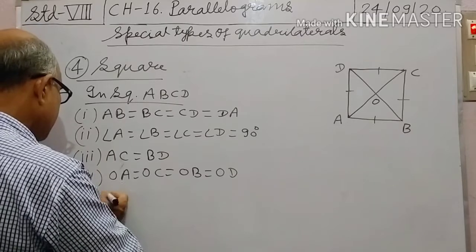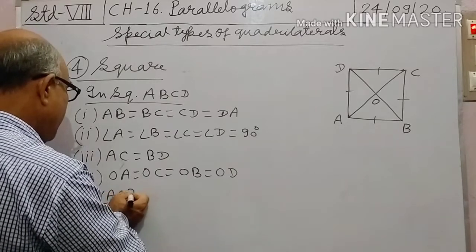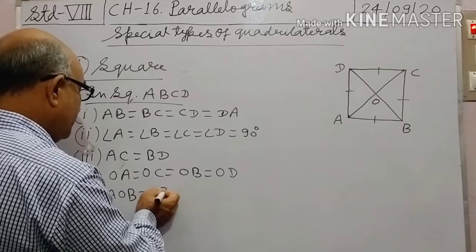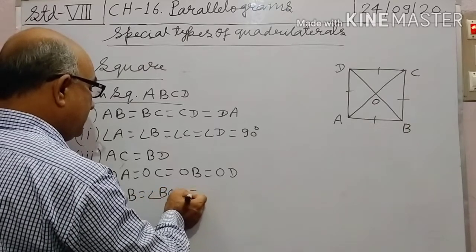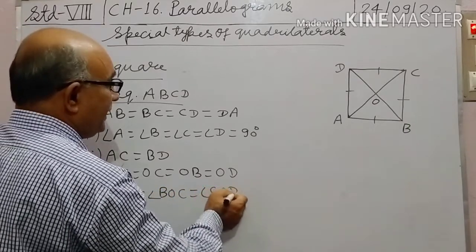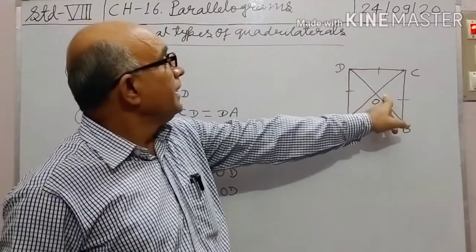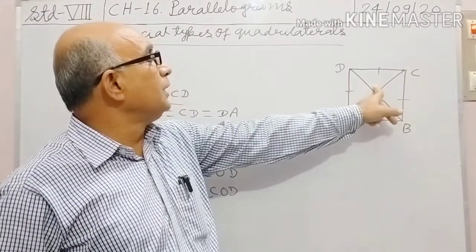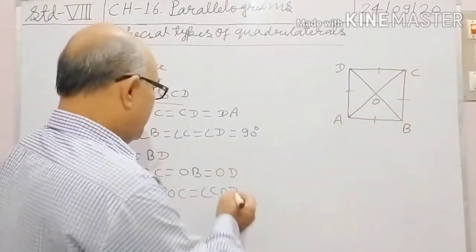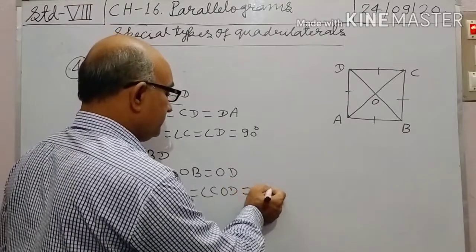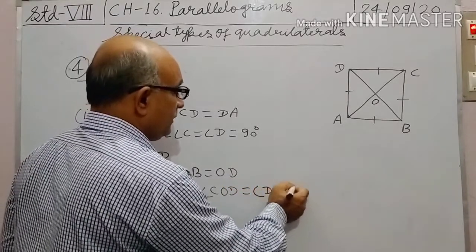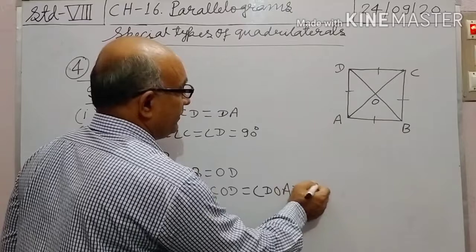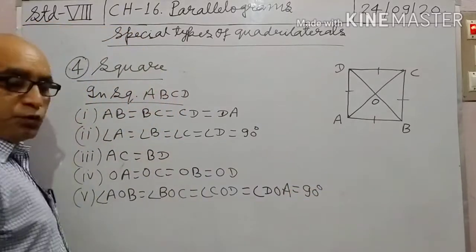And fifth, angle AOB equal to angle BOC equal to angle COD equal to angle DOA equal to 90 degrees. A square.